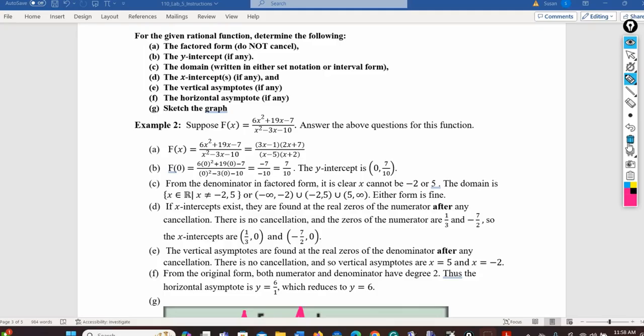Now, I want to graph this. So if I'm going to graph this, I'm going to put the original form into my calculator. Just remember, you have more than one term in numerator and denominator, so I'm going to need to put parentheses.